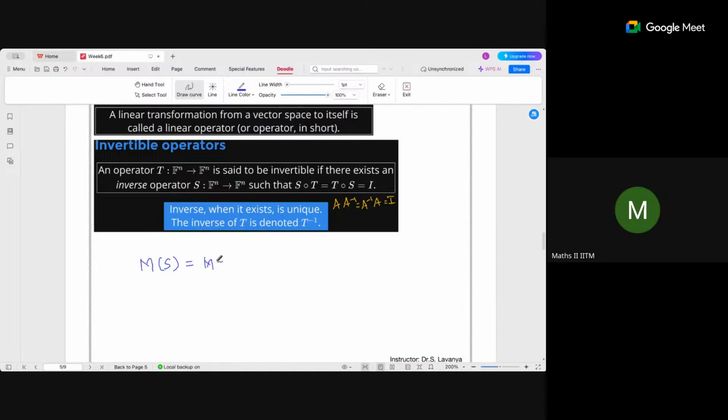Your S is nothing but T inverse, the inverse operator. So what is M of T inverse? What is the matrix representation of the inverse operator in terms of M of T?